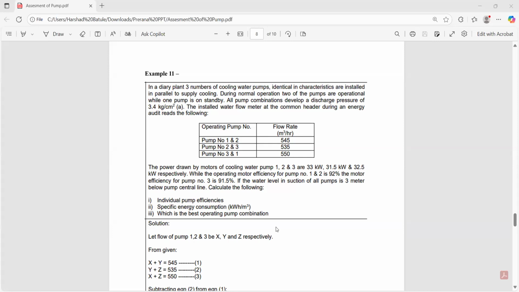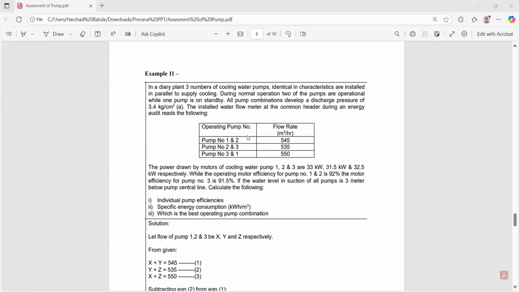Means a combination of 1 and 2 gives 545 as the effective flow rate of that particular pump pair, 2 and 3 gives 535 and 3 and 1 gives 550. They have given the power of pumps 1, 2, 3 as 33, 31.5, 5 kilowatt. Operating efficiency of 1 and 2 is 92% and motor efficiency of pump number 3 is 91.5%.